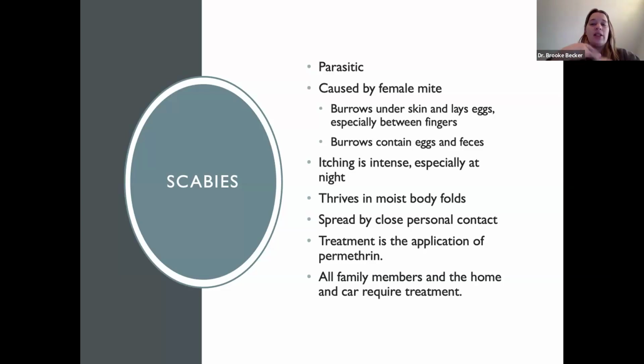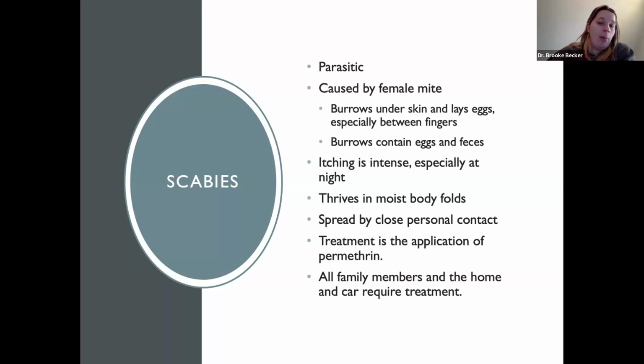Like I said, moist body folds: between fingers, between toes, armpits, under breasts, groins, bottoms, all of those areas. Spread by close personal contact. So you touch bodies with somebody who has scabies for a short period of time, you can wind up with scabies as well. They are going to get permethrin cream.